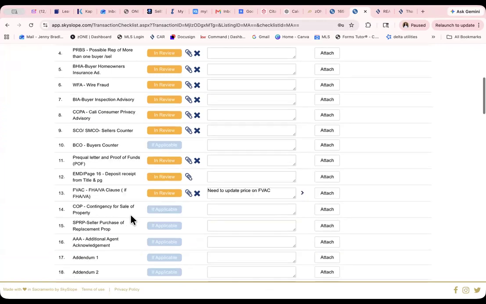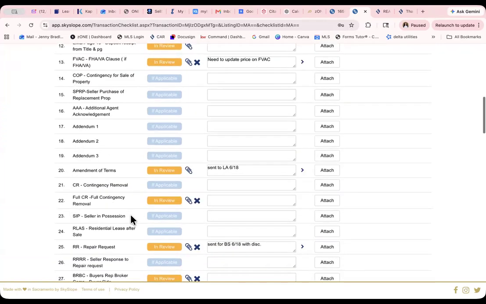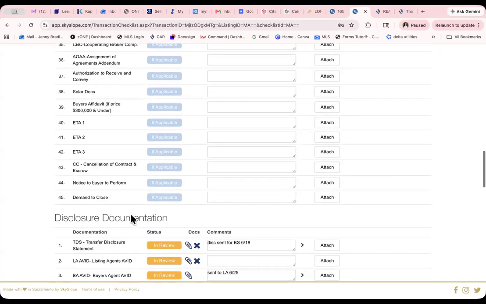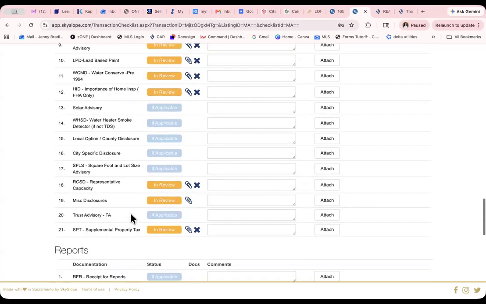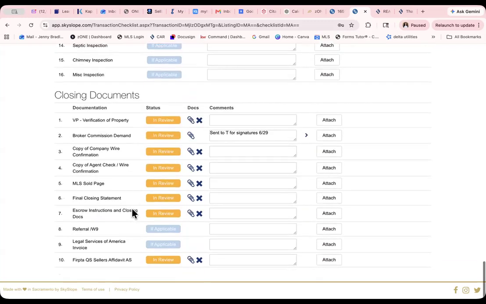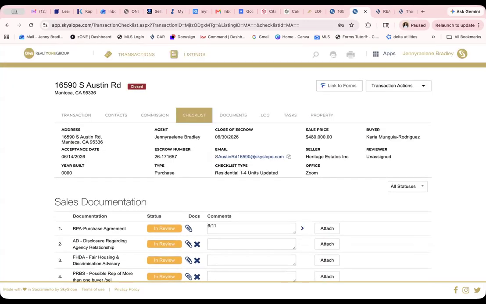Now let's look for it here. Should be good. Where is it at? Okay, it should be here, but that's okay. It's in my CAR forms. So we'll go to CAR forms and I have it here.